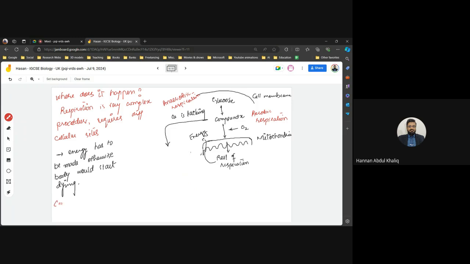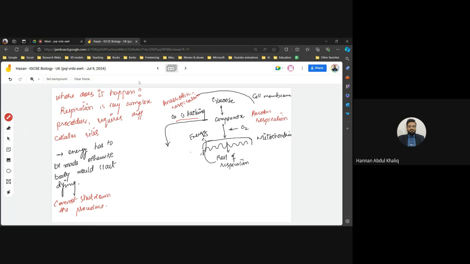So if the oxygen is lacking, we turn the process towards anaerobic respiration, in which O2 is lacking.